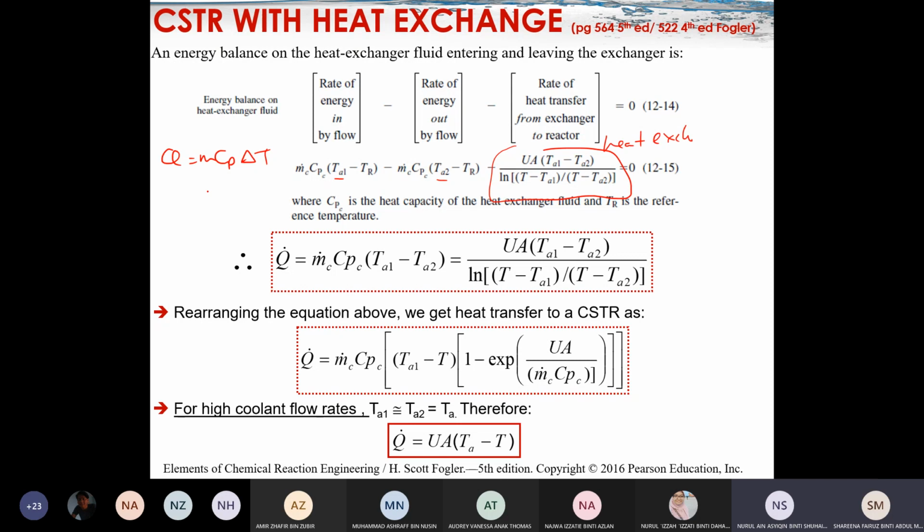Okay, so energy being supplied, okay, katakan this is here. Okay, energy being supplied in and energy out, you kena take into consideration elemen dalam sini. Alright, heat exchanger. That's why you kena minus dengan heat exchange here. Okay, so QMCP TA1 minus TA2.